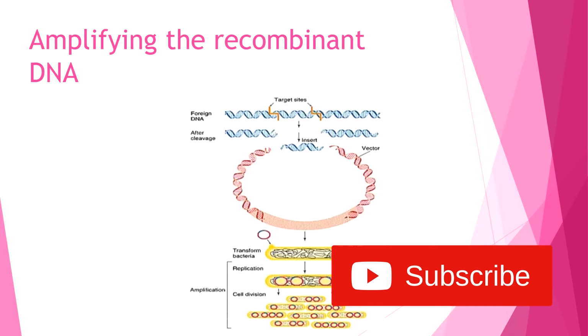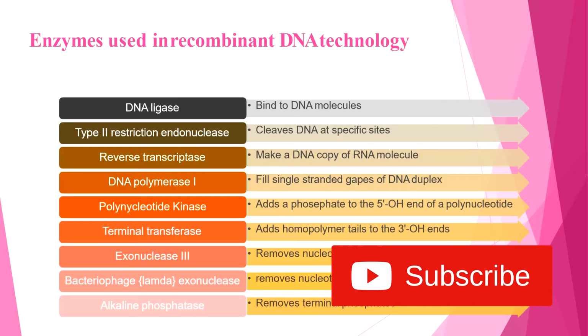You can see the steps in this picture: the target size and the recombinant DNA creation or formation, after which it enters the bacteria, which is known as transformation, and then the replication of bacteria, which produces many copies as a result of cell division.